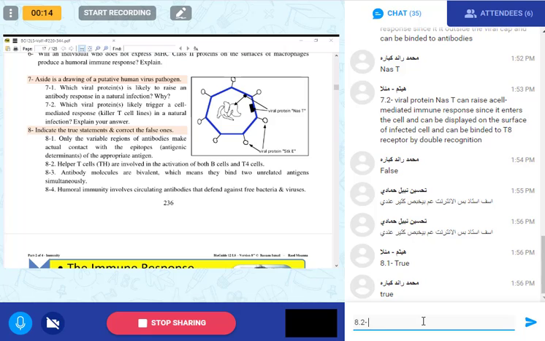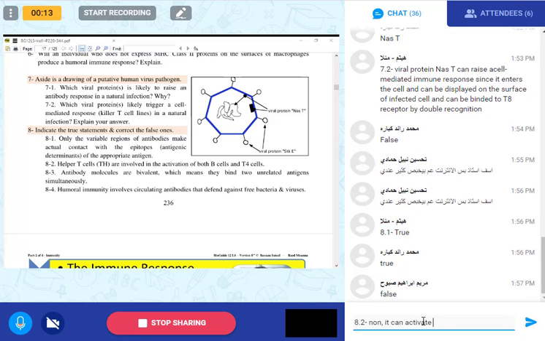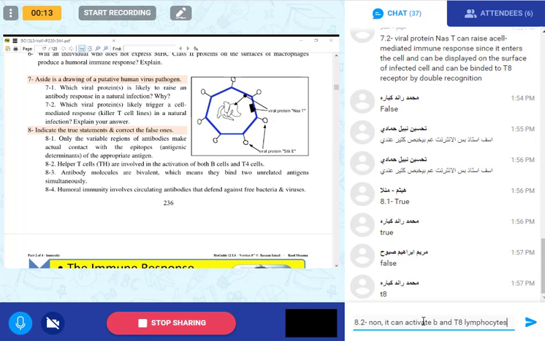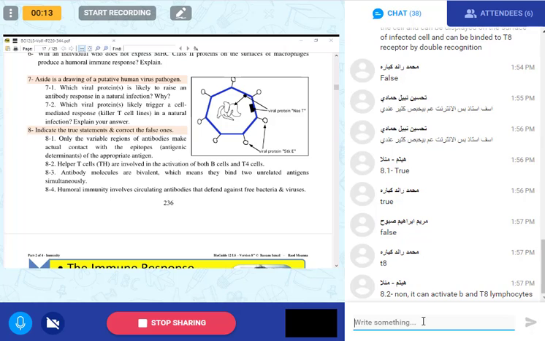Helper T can activate both B and T4? No. It can activate B and T8 lymphocytes. T8 lymphocytes.